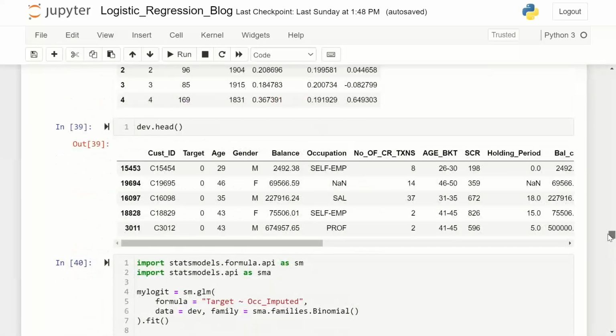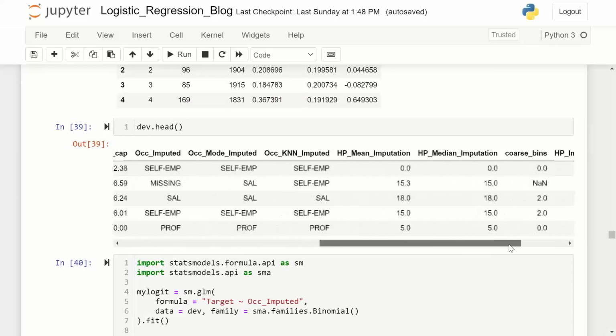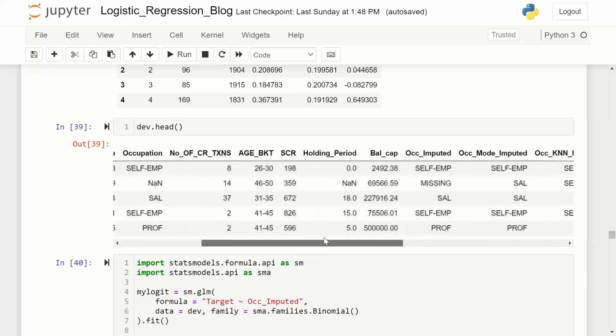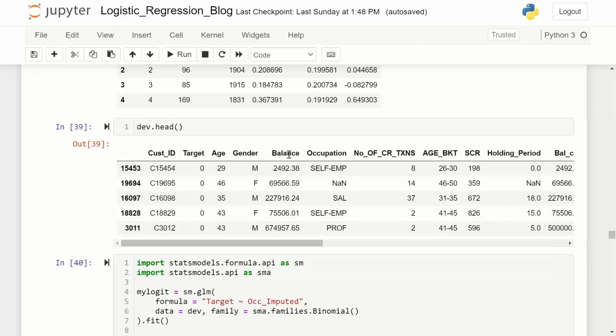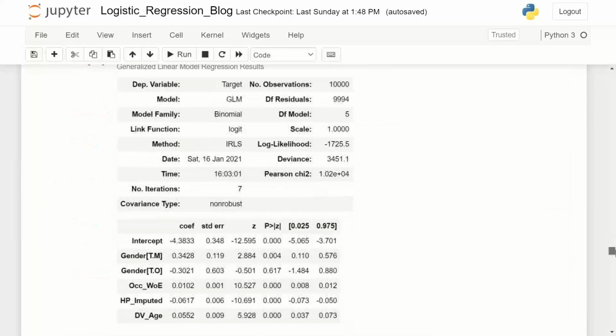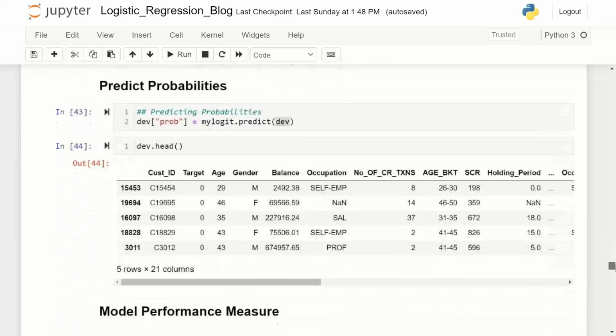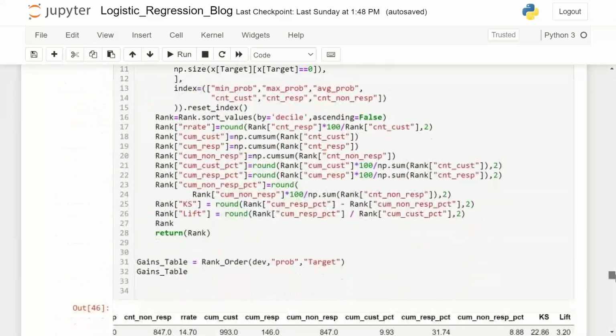There are more variables. If you recollect in our data set, these are the variables. So we have not accounted for variables like balance. We have not accounted for variables like score. These variables we have not yet considered. If we bring them in the model, our model can improve.